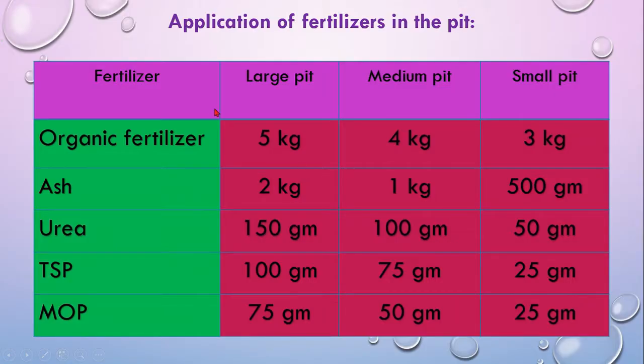Next point is applying the fertilizer in the pit. These are the fertilizers: organic fertilizer, ash, urea, TSP, muriate of potash, and this is the size of the pit, and this is the quantity of the fertilizer, with different quantities for different types of pit.